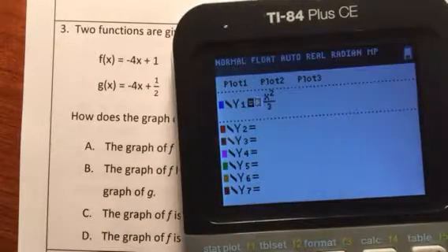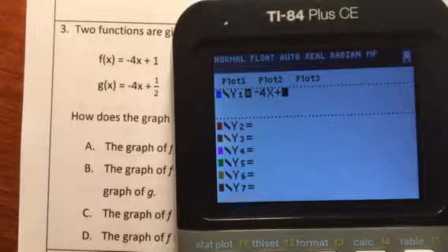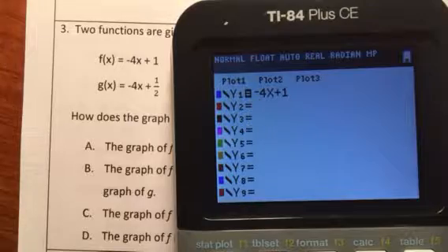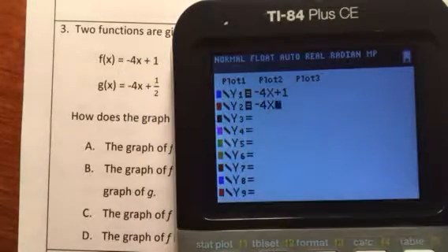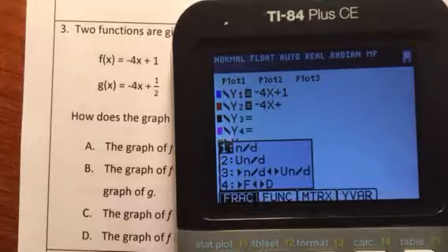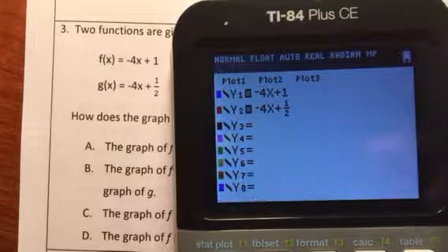We're just going to put this in the calculator, but there's some things that you should notice about this graph. You should notice that they both start with a -4x, and the only thing that changes is the y-intercept. So the y-intercept on f of x is 1, and then on g of x, it's 1/2.